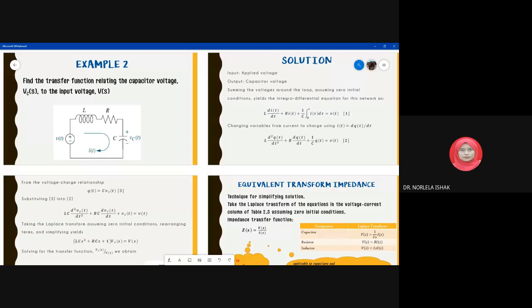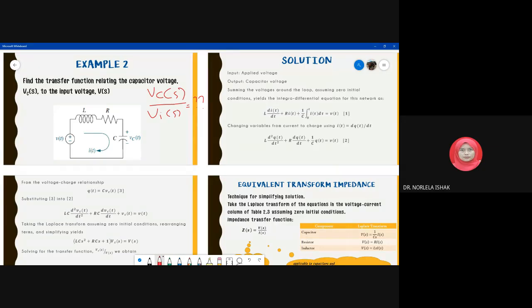Meaning we have to define what your output is. The output is your capacitor voltage over your input voltage. We have to define this transfer function from the RLC circuit.